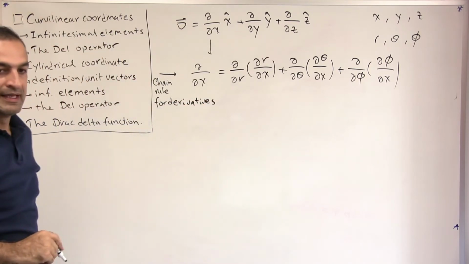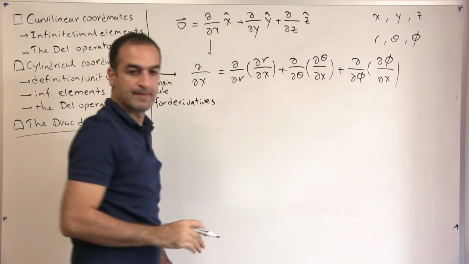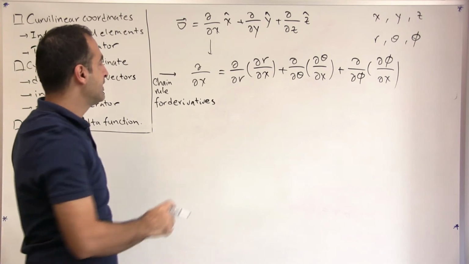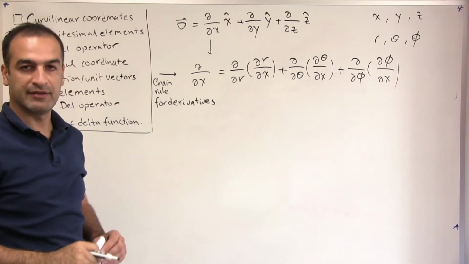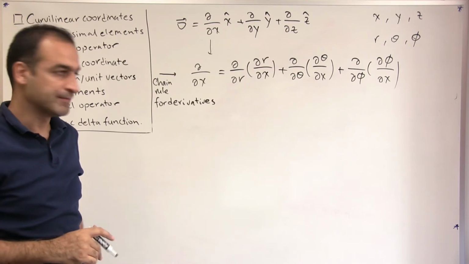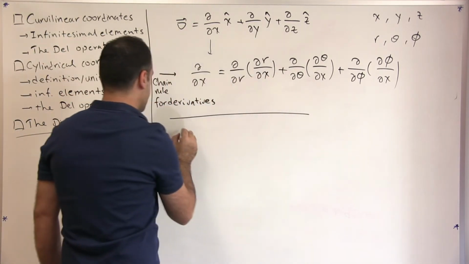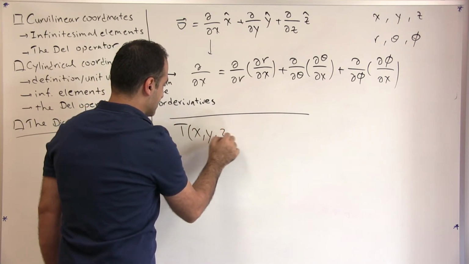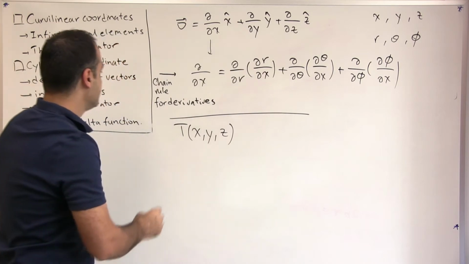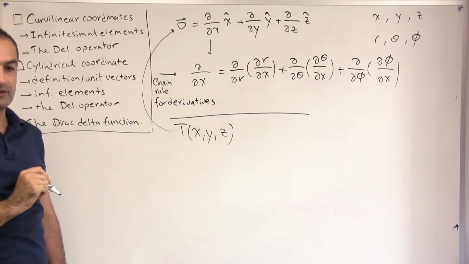Derivatives, okay. And then we have x hat, y hat, and z hat, and x hat, y hat, and z hat can also be written in terms of r, sine theta, theta, and phi. So the basic idea at the end is this: if we have a function T in terms of x, y, z, we can use the Cartesian coordinates.